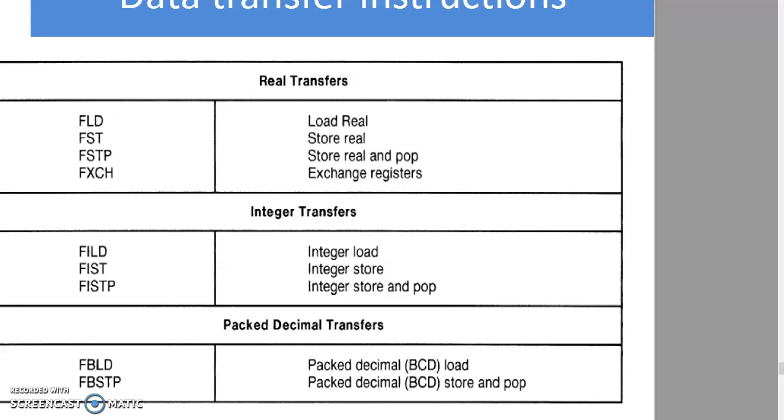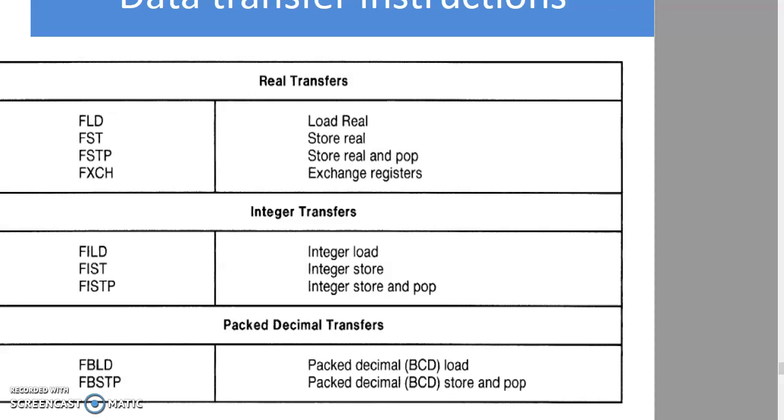FSTP copies the top of the stack value into the operand and also pops the top of the stack. FXCH is exchange register. FILD, integer load, loads an integer operand into the top of the stack. FIST stores the top of the stack into the operand, but the integer value is copied.